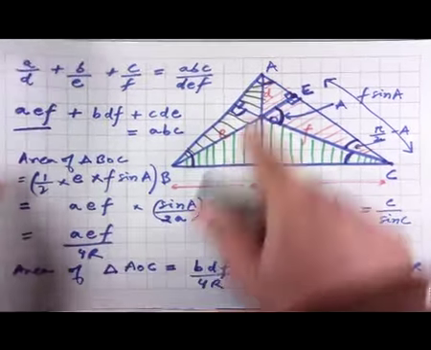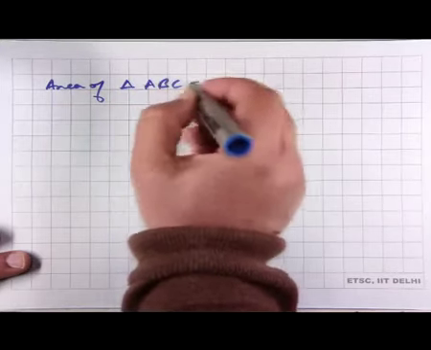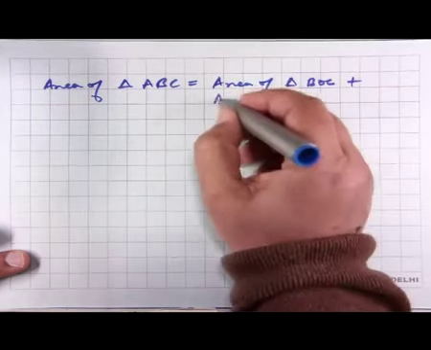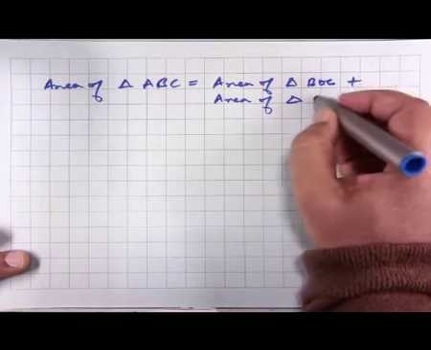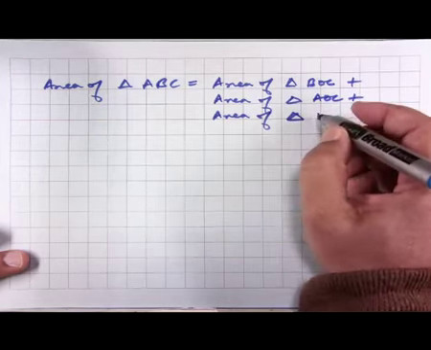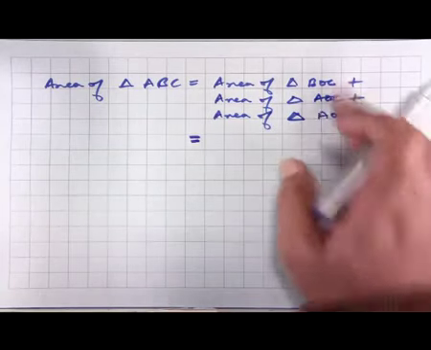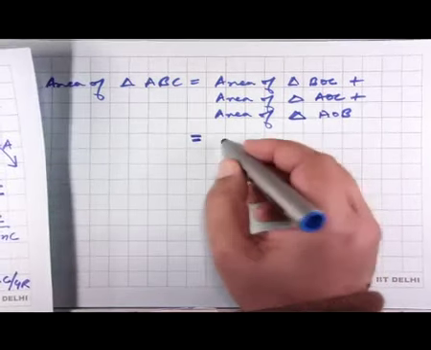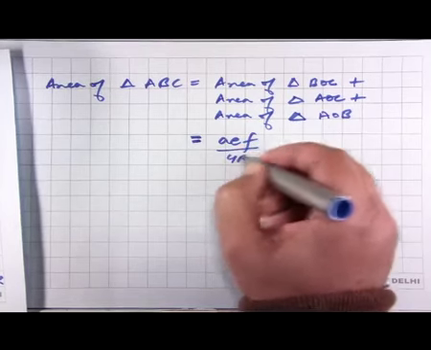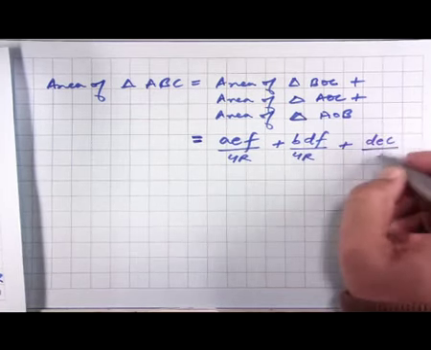So, if we add these three areas, what we get is that area of triangle ABC is equal to area of triangle BOC plus area of triangle AOC plus area of triangle AOB, and using the expressions of these areas from the previous slide, we have the final expression for the area of triangle ABC to be equal to AEF upon 4R plus BDF upon 4R plus DEC upon 4R.